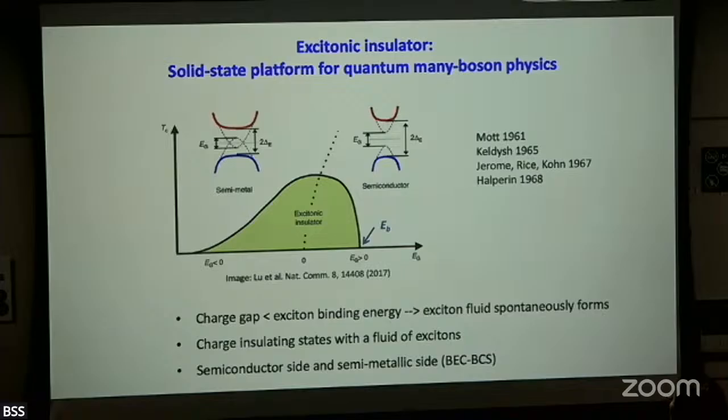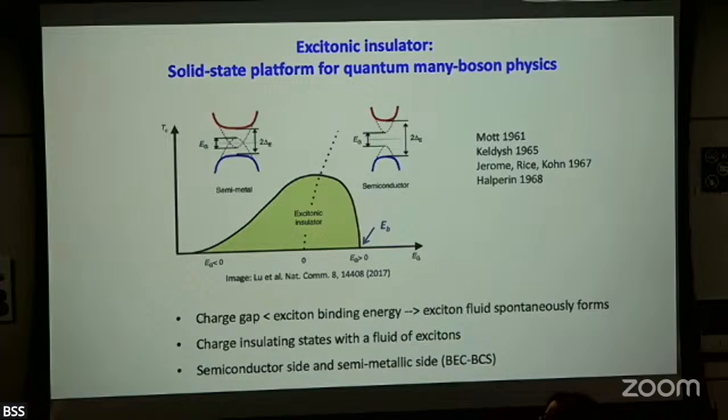So imagine that you have a magical knob that can tune the band gap continuously. Let's take a look at the semiconductor side. You shrink the gap size continuously till you hit something that corresponds to the exciton binding energy. That's the electron-hole interaction. In that case, electron-hole pairs will be able to spontaneously form in your solid. So the density of electron-hole bound pairs, which we call excitons, is determined by the balance of two different energies, right?